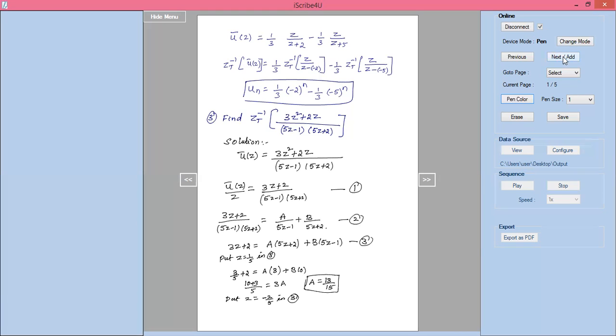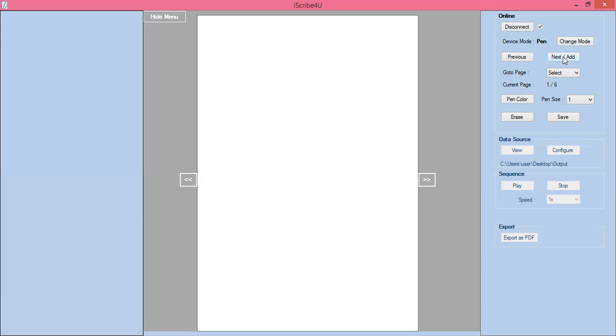So if you substitute this, we will get 3 into minus 2 by 5 plus 2 equal to a into 0 plus b into, we will get minus 3.